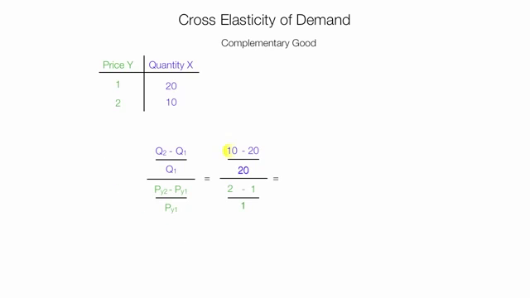This is equal to 10 minus 20, which is negative 10, makes it a complementary good, divided by 20. This whole thing divided by 2 minus 1, divided by 1. This equals negative 0.5 divided by 1, which equals negative 0.5. The whole thing equals negative 0.5.